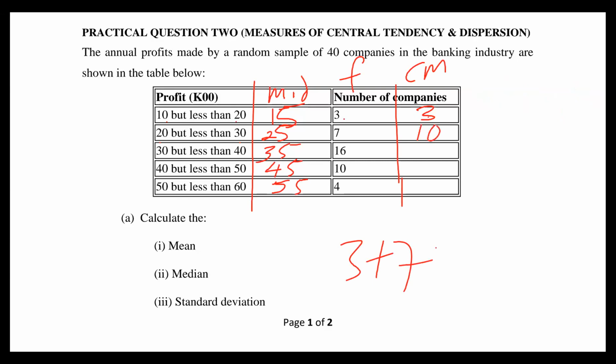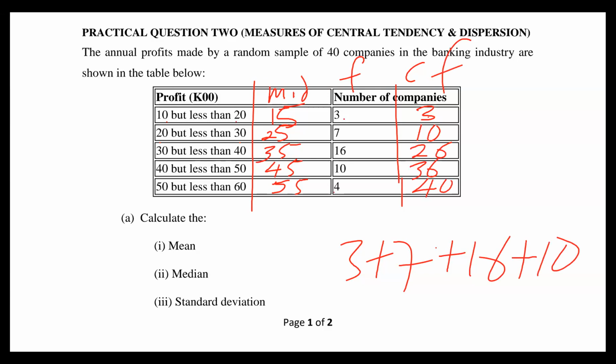Then 10 plus 16 is 26. Then 26 plus 10 is 36. So 36 plus 4 gives us 40 companies. That's called the cumulative frequency. You are adding up the frequencies. Is that clear?